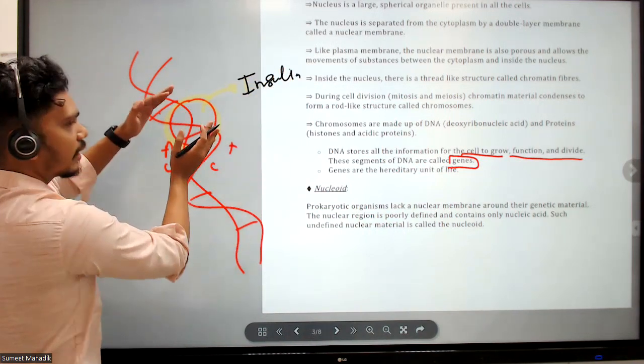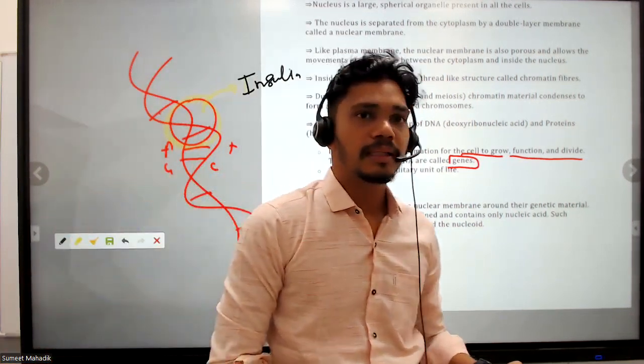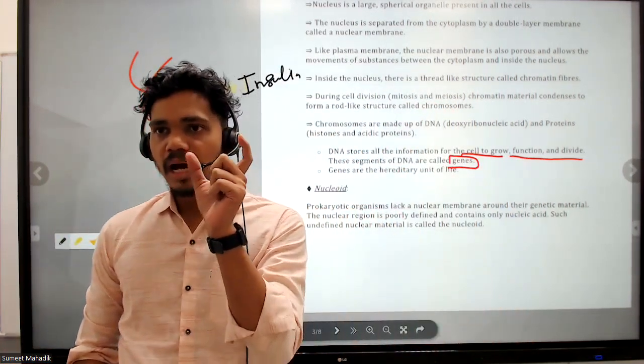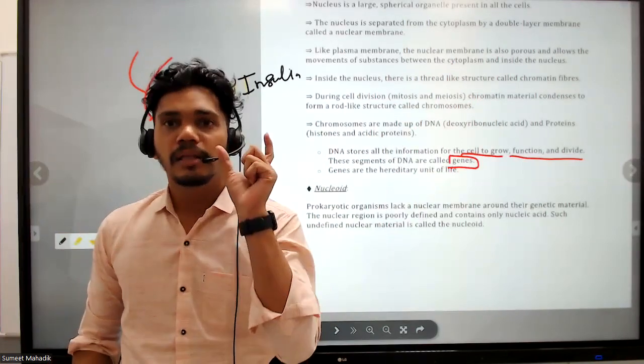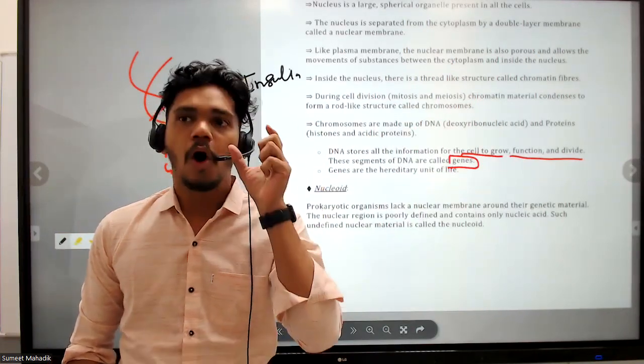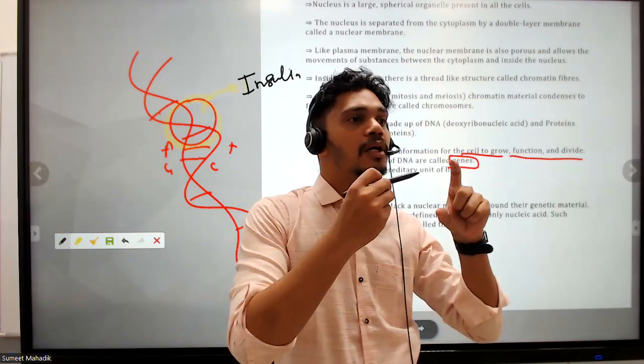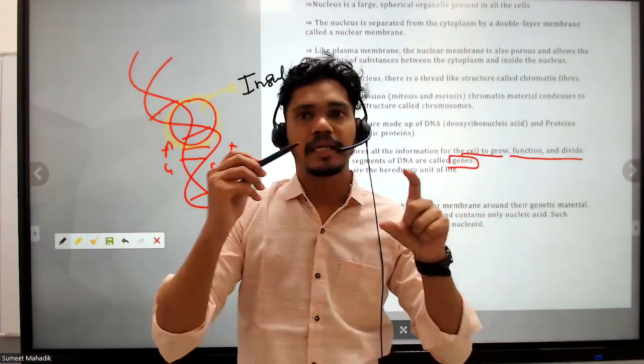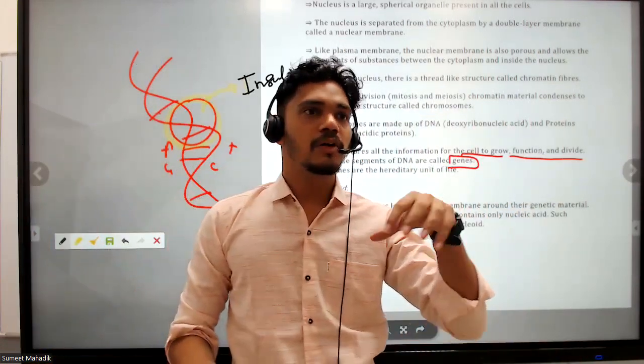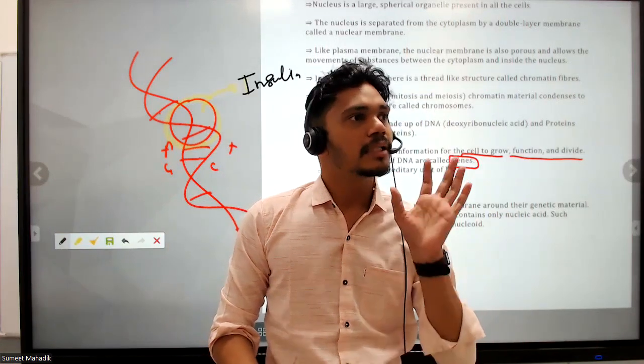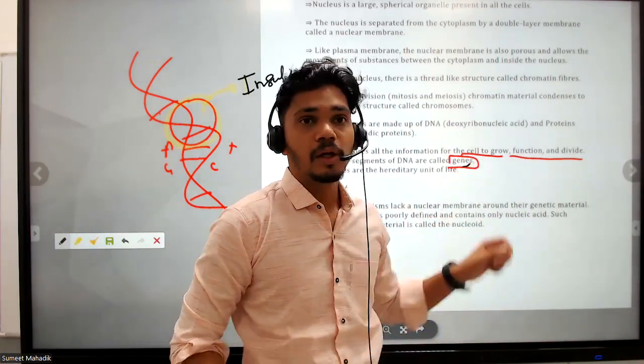These are the DNA, nothing but a sequence. The small sequence on the DNA responsible for secretion of enzymes, hormones, or controlling the system is called the gene.